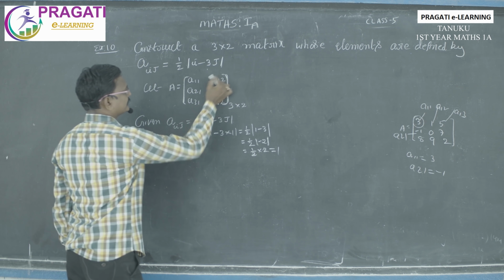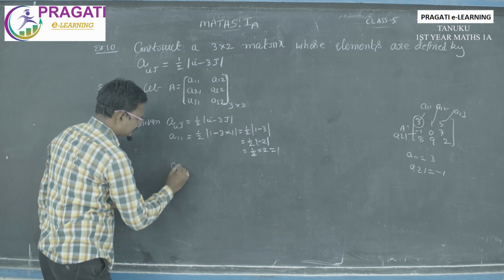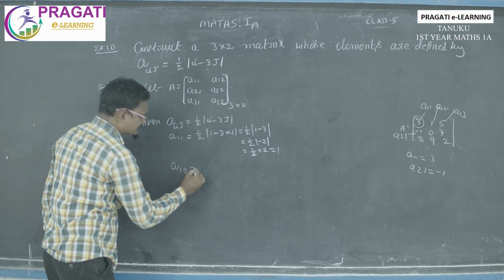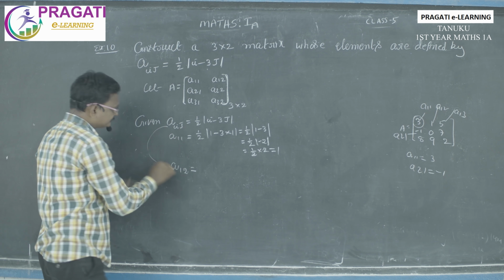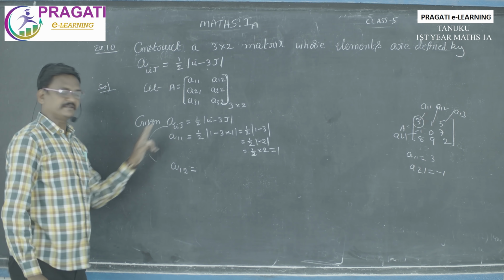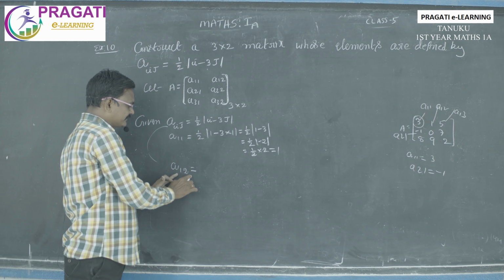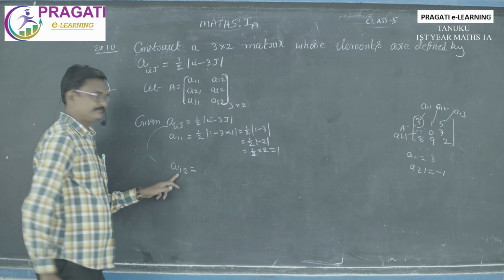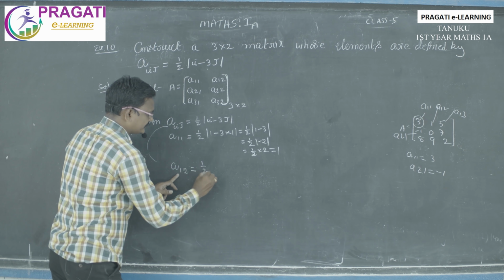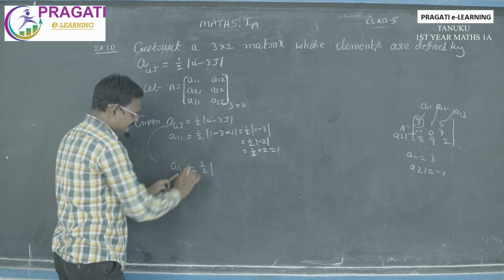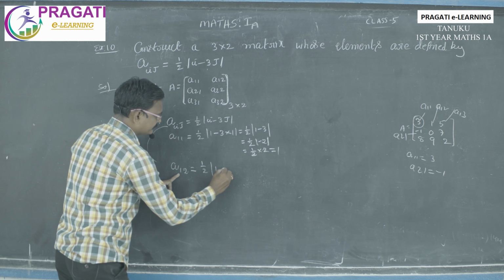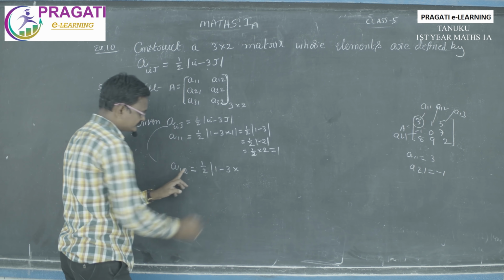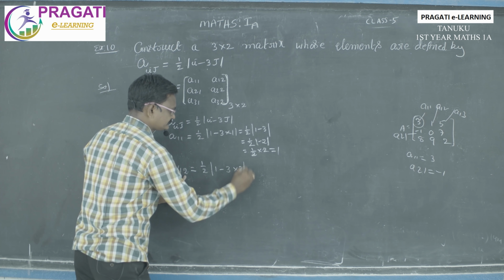Likewise, now we want to calculate A12. A12 is equal to, this is only the definition, the position of the element. Now we are calculating A12. I value is 1, J value is 2 now. So 1 by 2 into modulus of 1 minus 3 into 2.